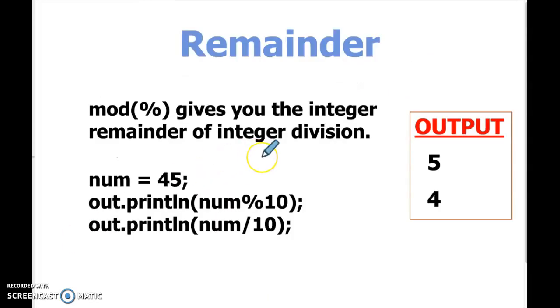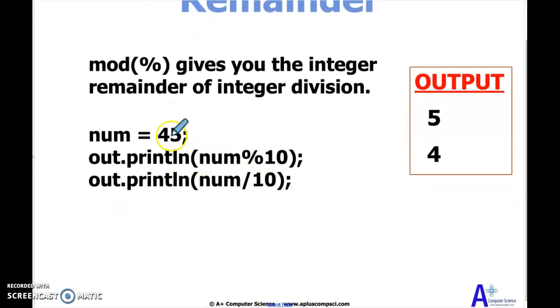With this one, hopefully you see num has to be an integer for it to give you the integer response. So num modulus 10 would give you 5 because that's the remainder, and num divided by 10 would give you 4. Note that you would get 4, which is the tens digit, and 5, which is the ones.